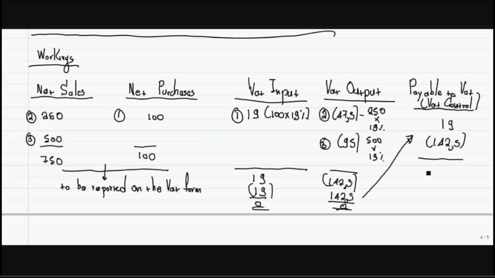So it's very clear that we need to pay the VAT authorities 123.5 euros. This is payable to VAT authorities. In that case, the VAT control account has a credit balance.